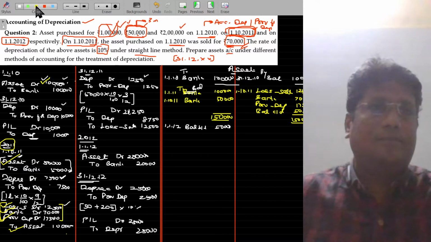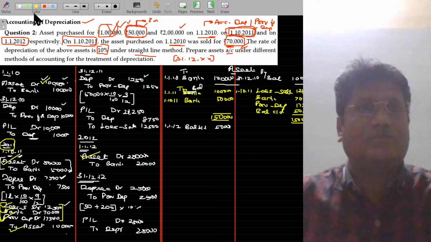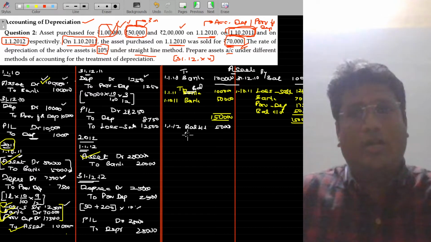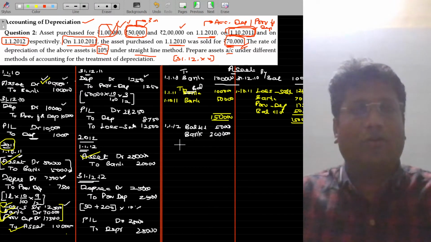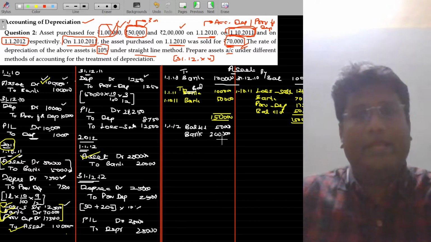In the last year, in the very beginning itself, we purchased one more asset for rupees 2 lakhs. Asset account debit to bank, the value being 2 lakhs. Is that okay? No more adjustments is there, so you can finish off tallying this 2.5 lakhs.